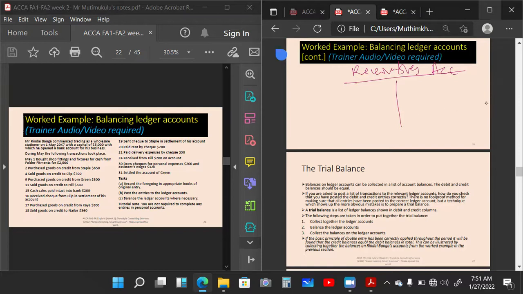And receivables come from sales. So if we make a sale on credit, we increase receivables.